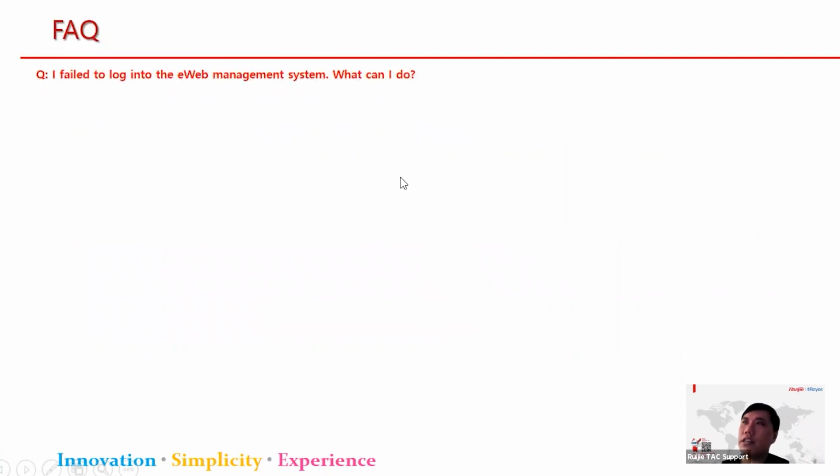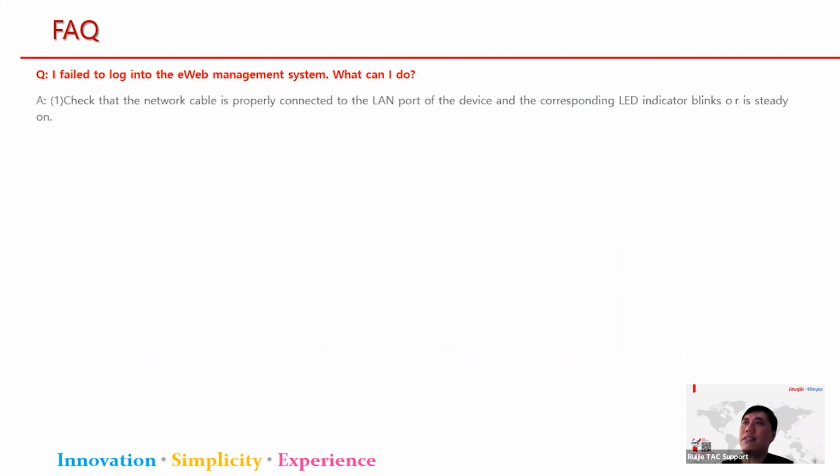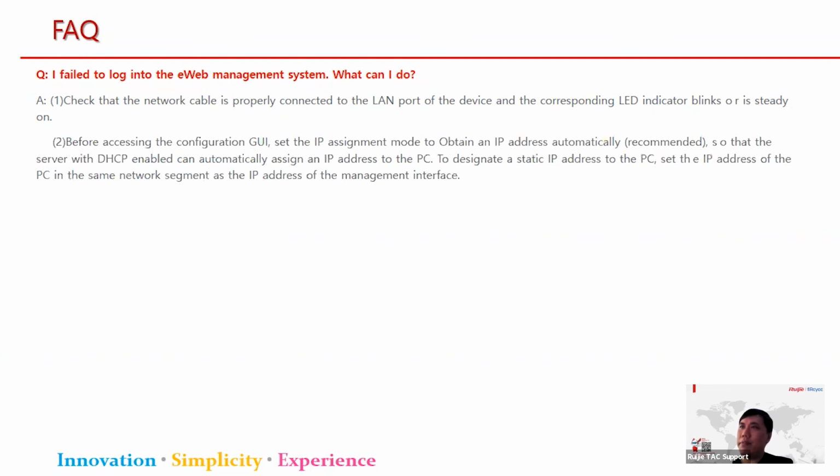So we go to the FAQ section. If you fail to log into the eWeb management system, what can you do? First, check the network cable properly, whether it is connected to the LAN and whether the corresponding LED indicator blinks or is steady on. Second, before accessing the configuration GUI, set the IP assignment mode: assign the IP address automatically to your mobile or PC, so that the DHCP server can assign the IP to your equipment.